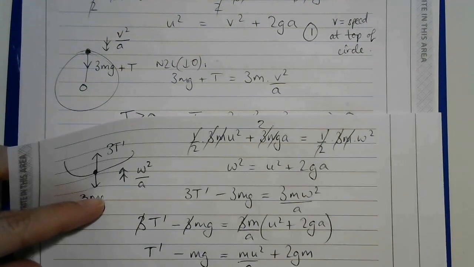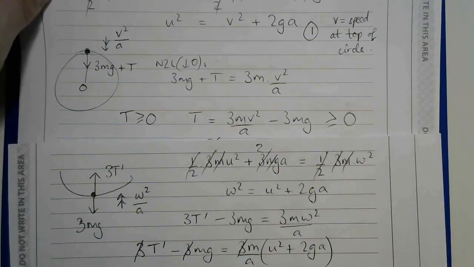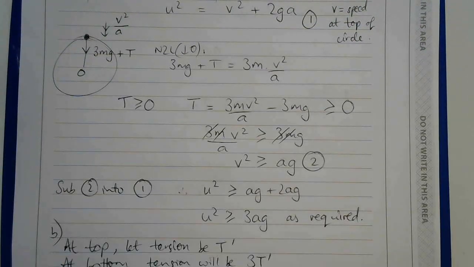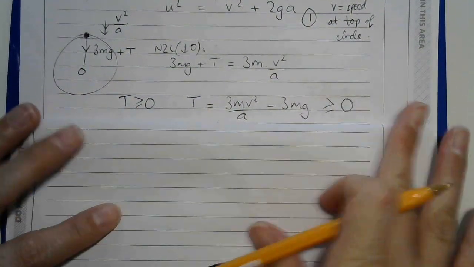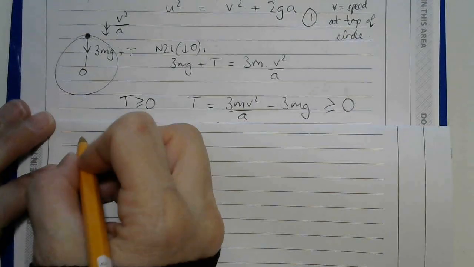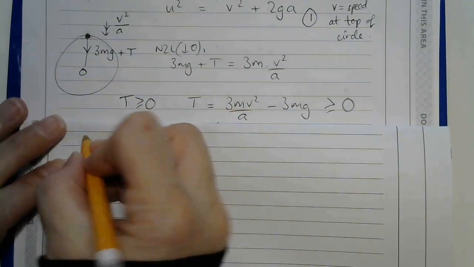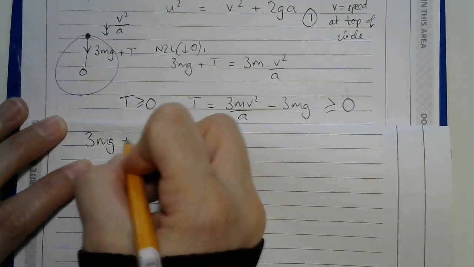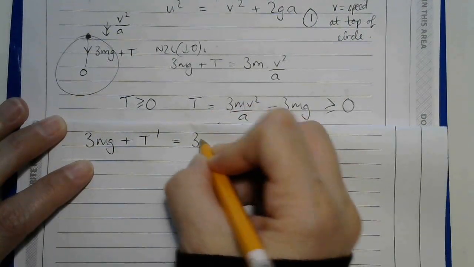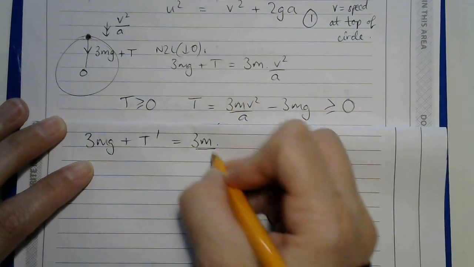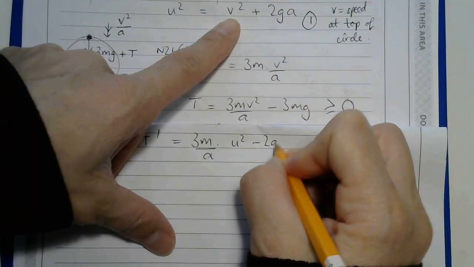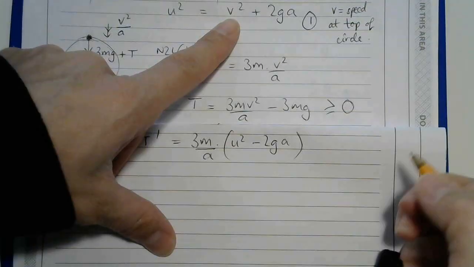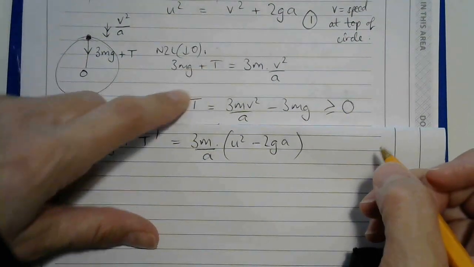So using this equation, I've got 3mg plus T dash equals 3m times v squared over a. But what is v squared? V squared is going to be u squared minus 2ga.